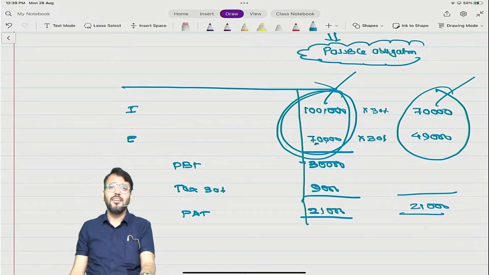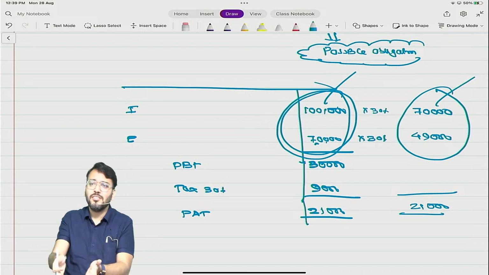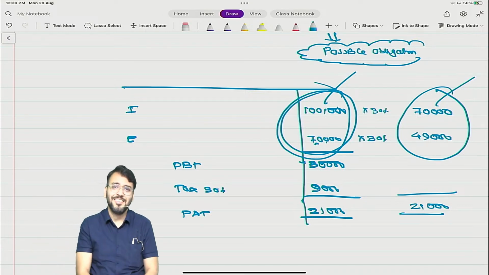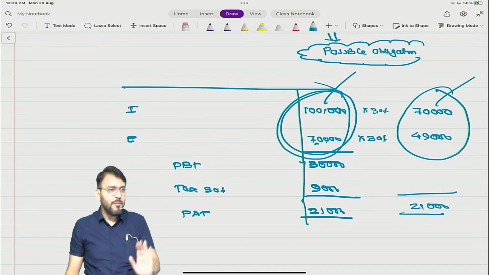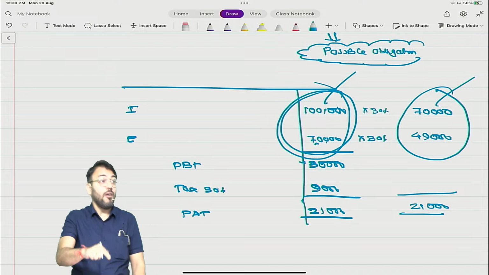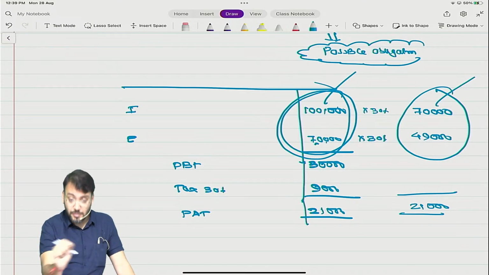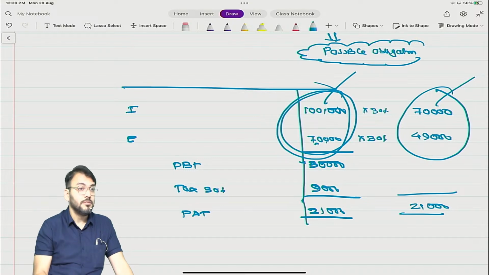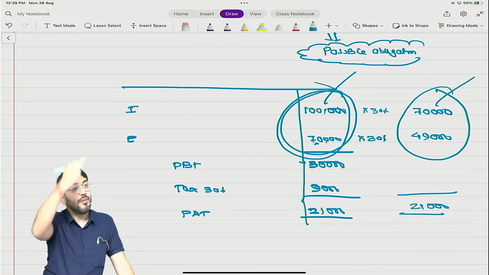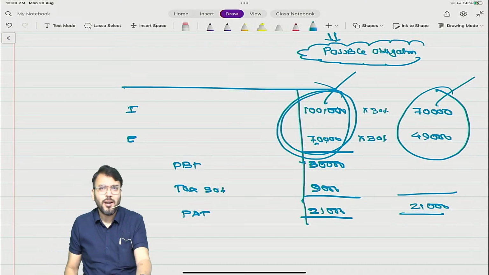That is what they are saying: recognize provision before tax. So we know this. If I teach more, more doubts will come. But now, because they will ask MCQ questions on whether provisions should be created before tax or after tax, if I don't teach you, you will be confused in the exam. So better to teach. But we know this point now.